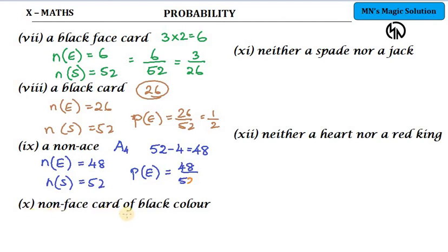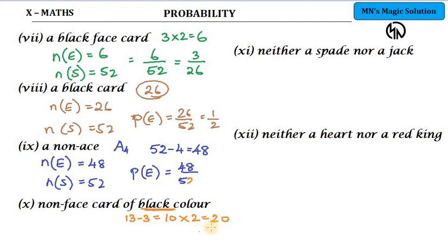Question number 10. Non-face card of black color. So non-face card. In each set, how many face cards are there? 3. So out of 13, if you subtract the 3, non-face cards are 10 in number. And how many sets of black are available for us? 2 sets. So multiply by 2.